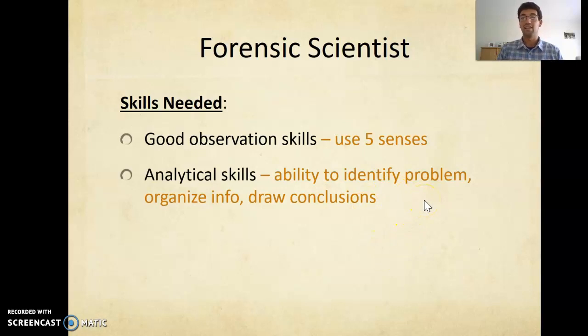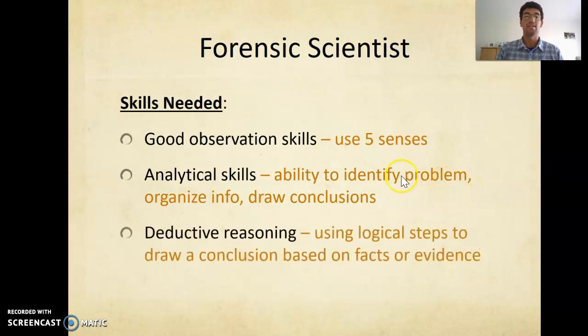Because unlike what we did in class, being a real forensic scientist, you don't get all the clues handed to you. You have to find them yourself. You have to be able to walk into a scene and know what you're going to do. And deductive reasoning, using logical steps to draw a conclusion based on facts and evidence. And you have to do that all by yourself with no one helping you. So it is difficult, but it is worth it.